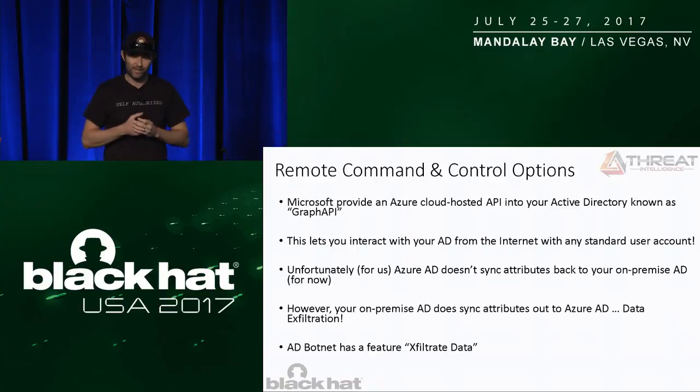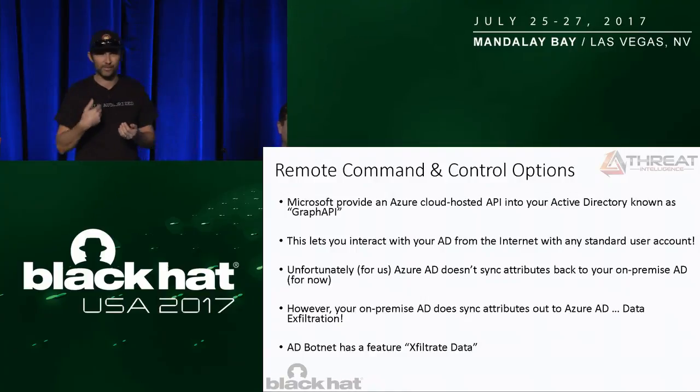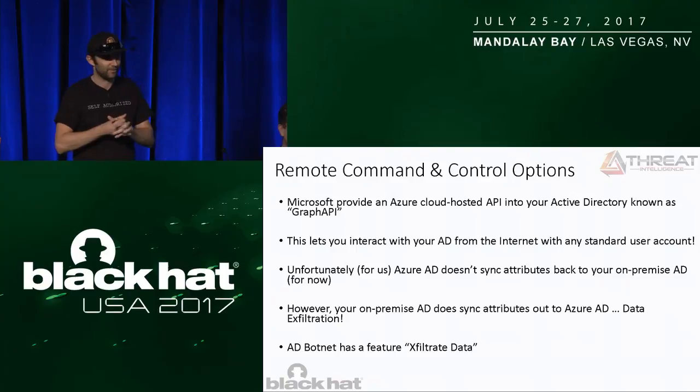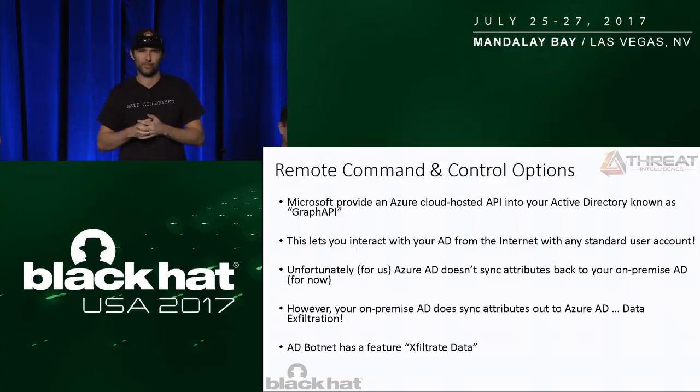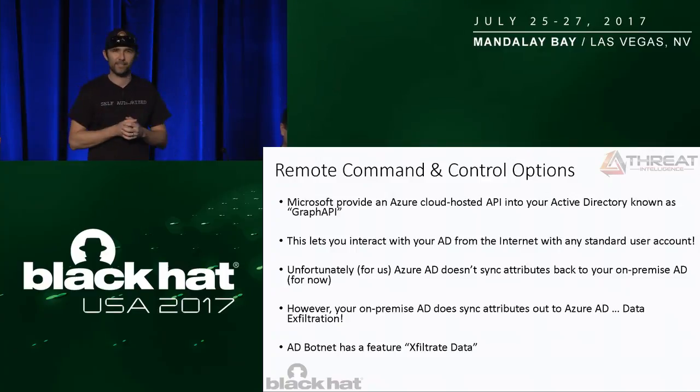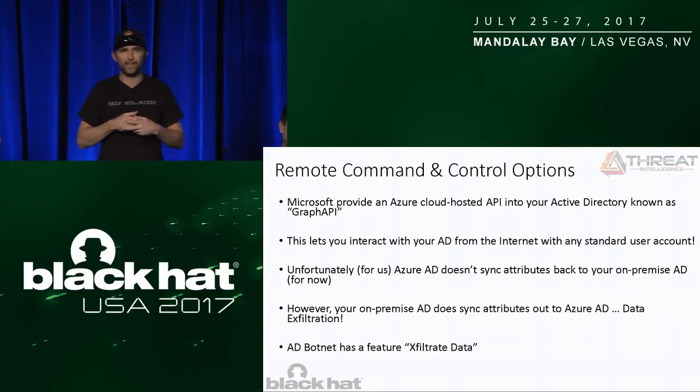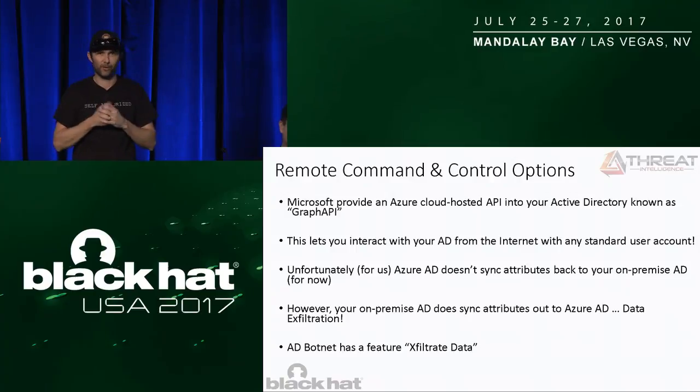Unfortunately, a couple of years ago, they disabled the user attributes syncing from Azure back to your on-premise environment. So that stopped us from getting the two-way communication channel through that. However, it does allow on-premise AD attributes to be synced to Azure AD and then accessed through the Graph API.